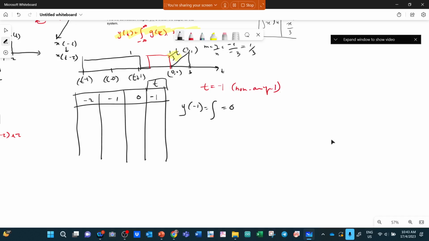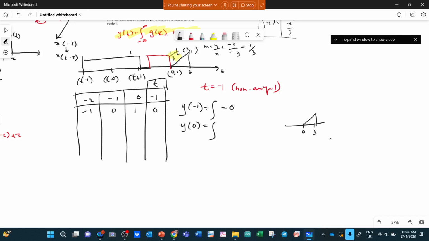Okay, next we do at t equal to 0. T equal to 0 is 1, 0, minus 1. So at t equal to 0 you have a value. So what's the value of the overlapping of the integration, we need to draw it out to find out what is the overlapping area.